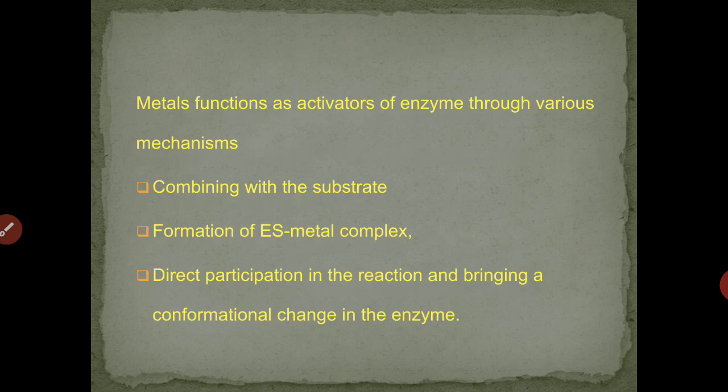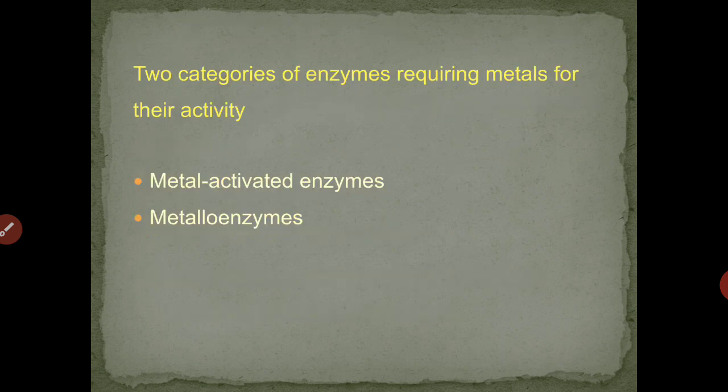So we all know that metals function as activators for many enzymes. The mechanism is that they may combine with the substrates or with the enzyme substrate complex and form an enzyme substrate metal complex, or they may directly participate in the reaction and bring some conformational change in the enzyme. That is how they influence the enzyme activity.